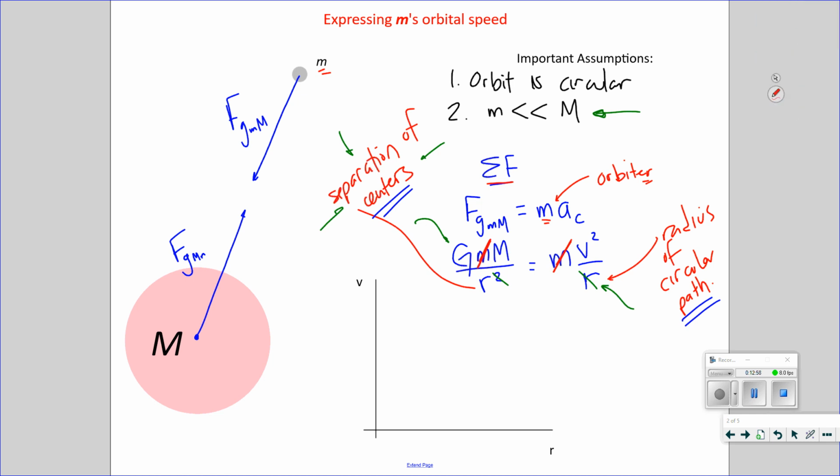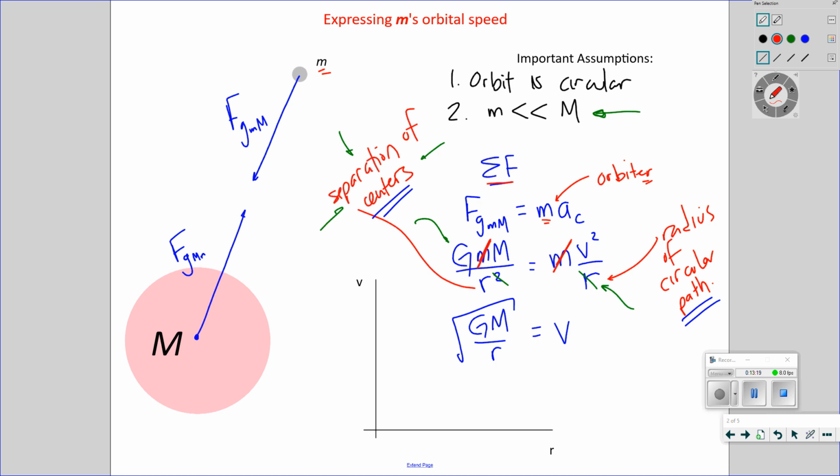So here's what we get. We get an expression for orbital speed. What's that? Well, it's actually this. And what does that depend on? Orbital speed depends on two things.